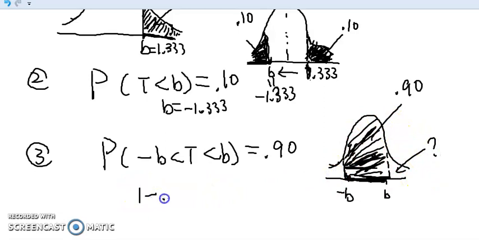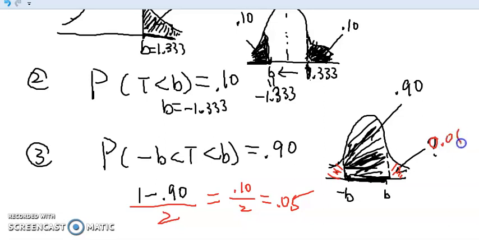So we're going to take 1 minus 0.90, and these two ends are symmetric, which means this area right here is the same as the right side area. And so we divide by 2. 1 minus 0.90 gives us the total area of these two shaded areas in red, and dividing by 2 gives us one of them. So we get 0.10 divided by 2, which is 0.05.